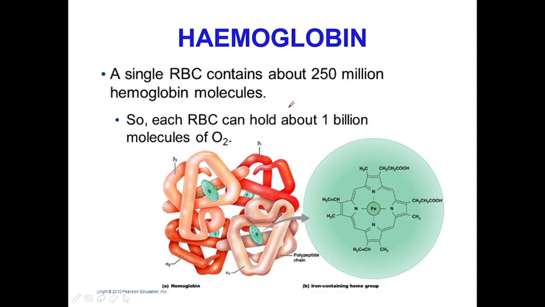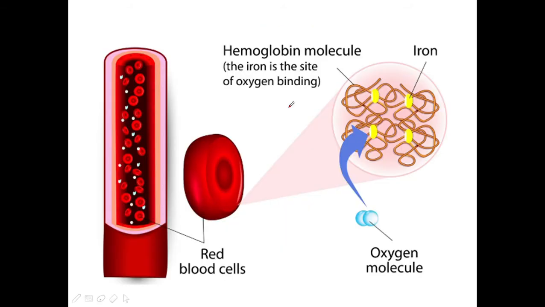So can you imagine that a single red blood cell can carry trillions, zillions of oxygen at one time. This one shows you the oxygen molecules actually bind to the iron in the hemoglobin molecule.